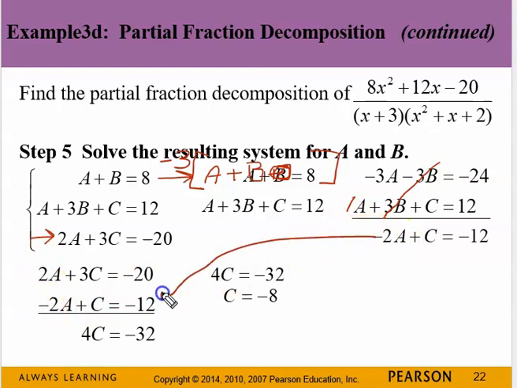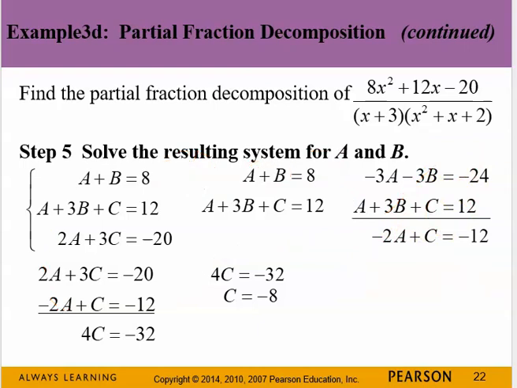That's what this equation is here. These cancel out now. We get 4c equals negative 32. Our c equals a negative 8. And what will our b be? Well, we'll see that on the next slide here. Wanted you to see where it came from.